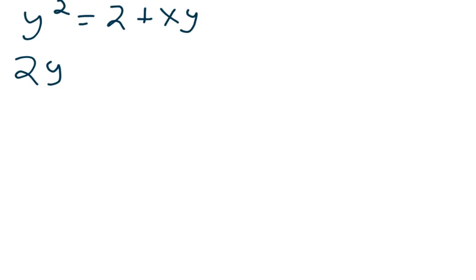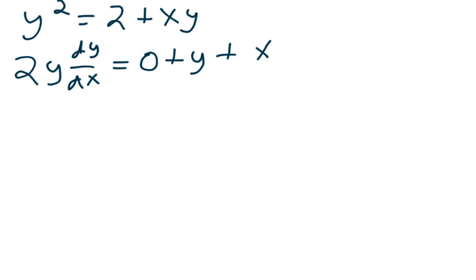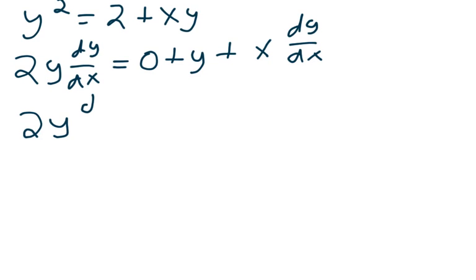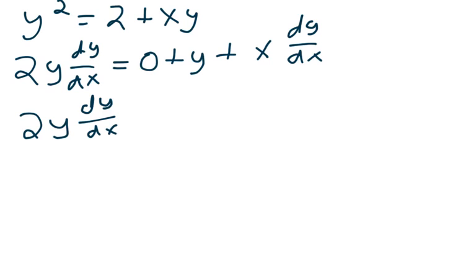2y dy over dx equals 0 plus y plus x dy over dx. From here, we're supposed to move dy over dx to one spot, so 2y dy over dx minus x dy over dx equals y.